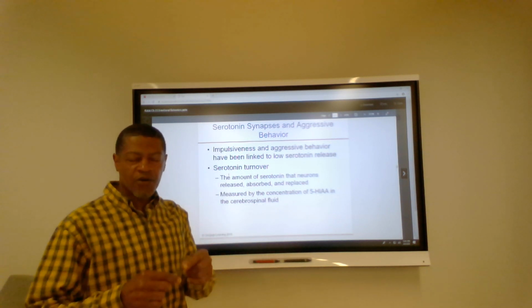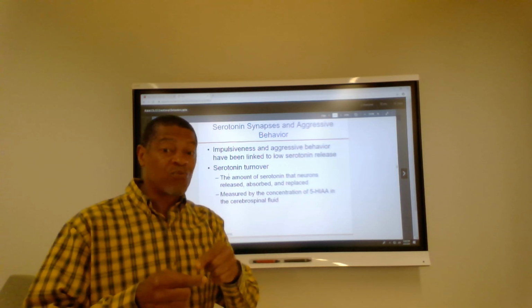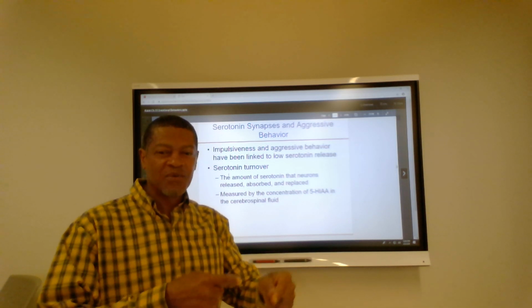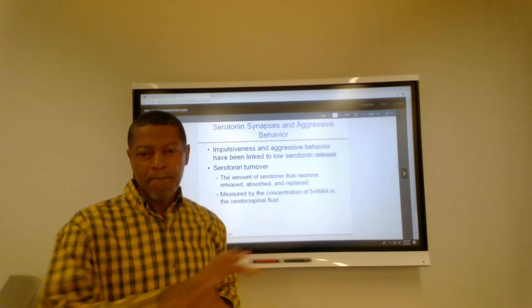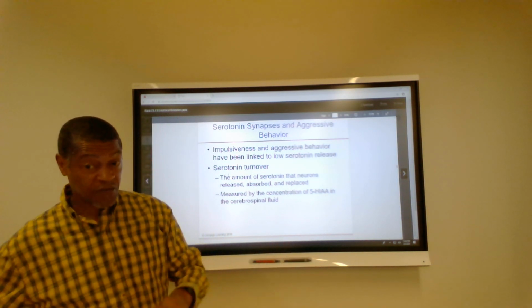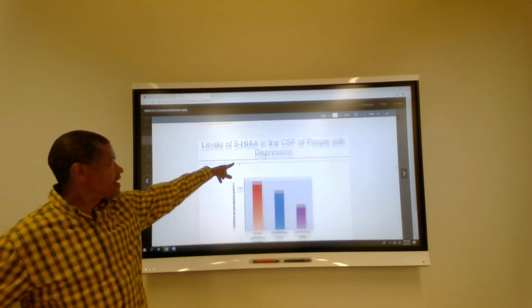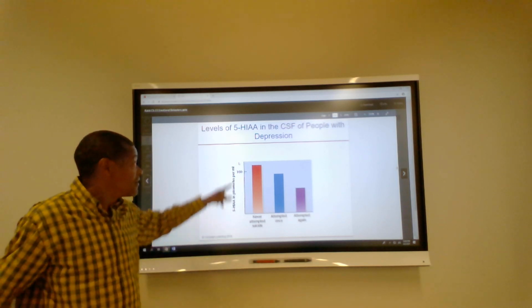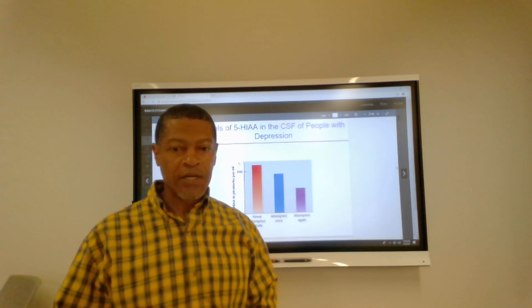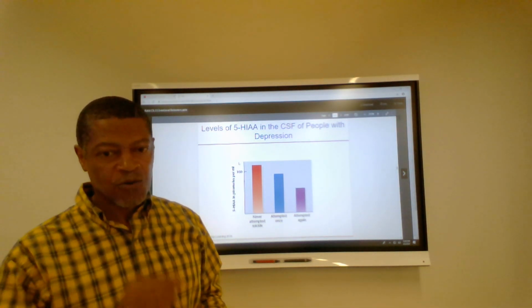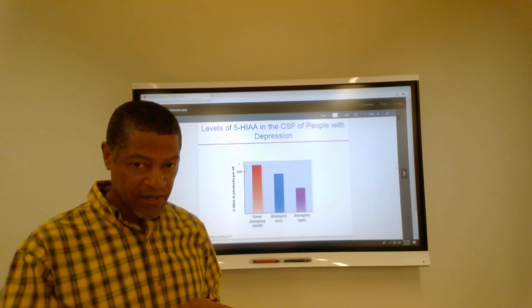When we say turnover, we're speaking of the metabolites, what is processed as serotonin is being broken down. One of the specific metabolites that's measured is called 5-HIAA. In the book, it stands for 5-hydroxyindole acetic acid.